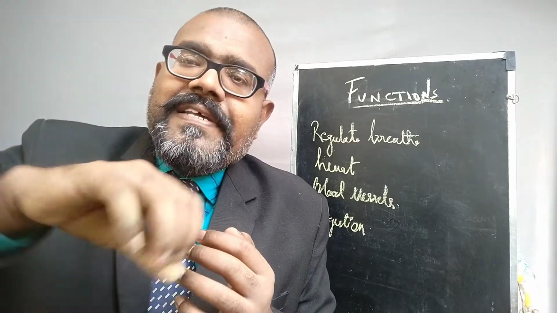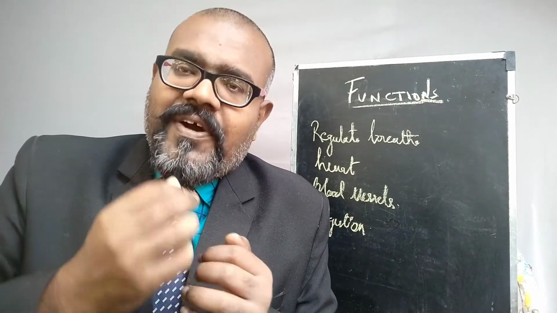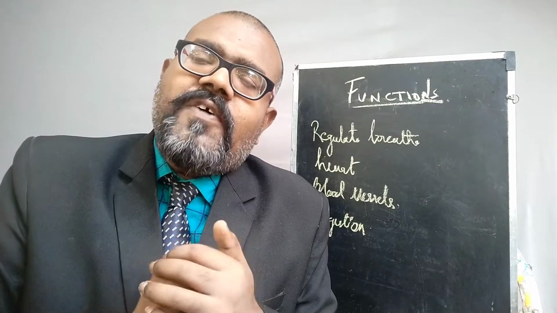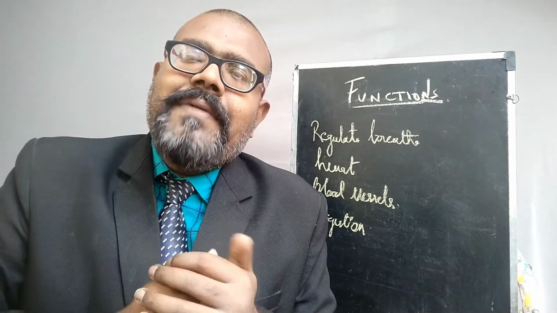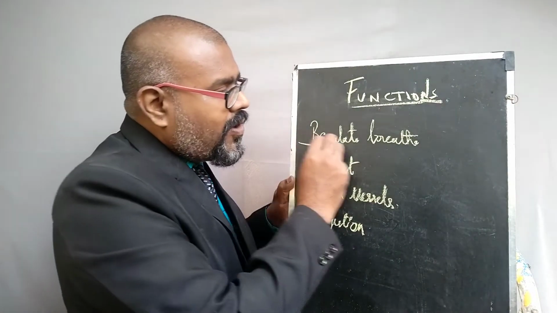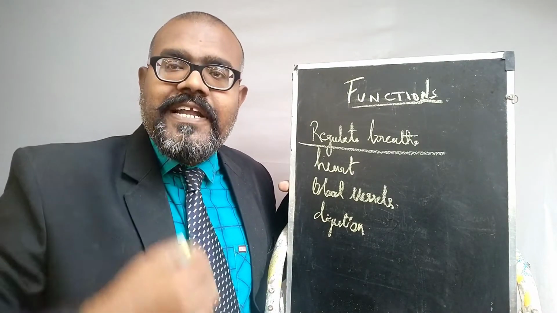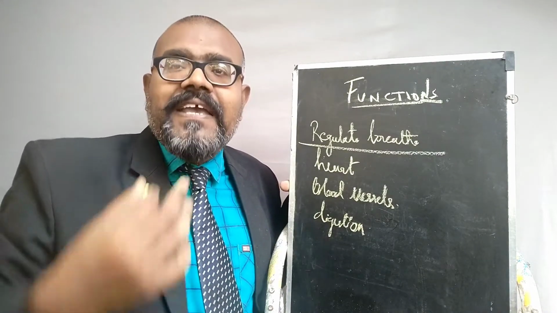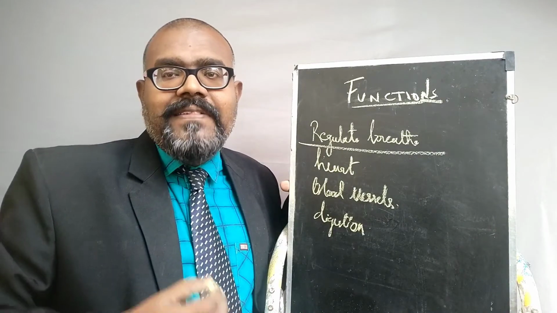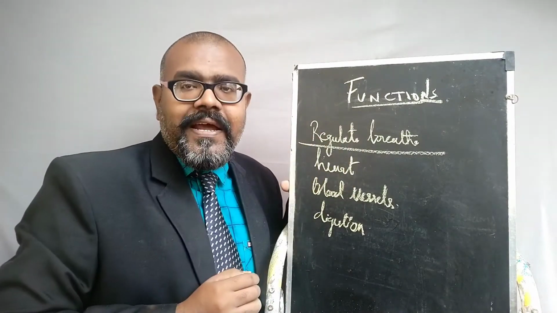And then 75% of the respiration work, even though the pons does some of the function, 75% of your respiratory functions can be done by this medulla oblongata. So that is what I am telling about. It regulates breathing. Breathing is not only inspiration and expiration, it is also the exchange of gases in the alveoli. That kind of information can be controlled by this medulla oblongata.